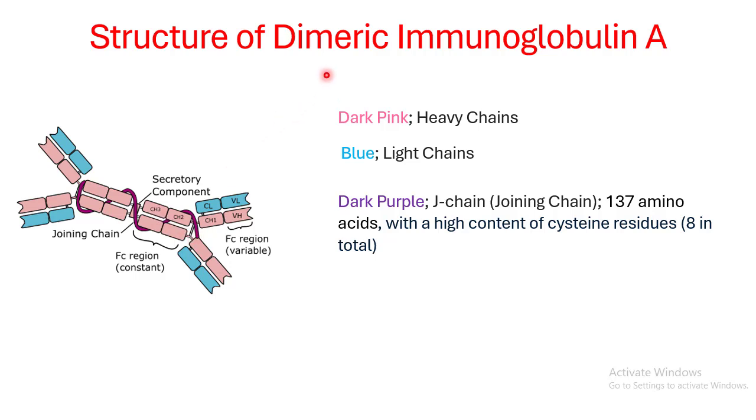Therefore, we call them the dimeric immunoglobulin A. But there should be some mechanism by which you can join these two monomeric immunoglobulin A to each other. And this is the J chain, or the joining chain, which is responsible for dimerization of the monomeric immunoglobulin A. Now, this J chain is actually a polypeptide chain.